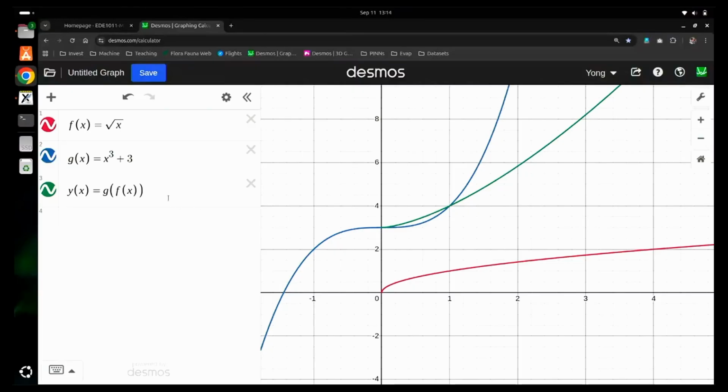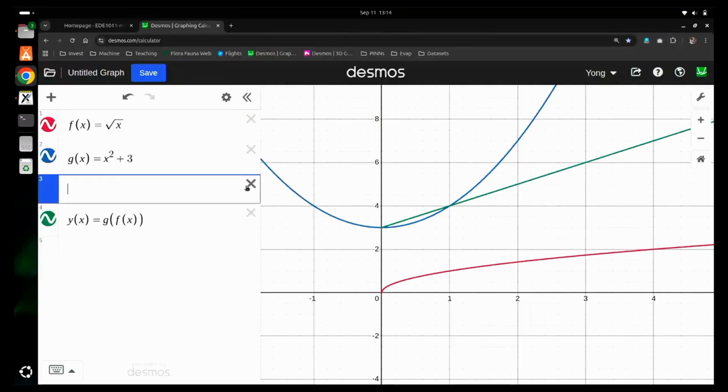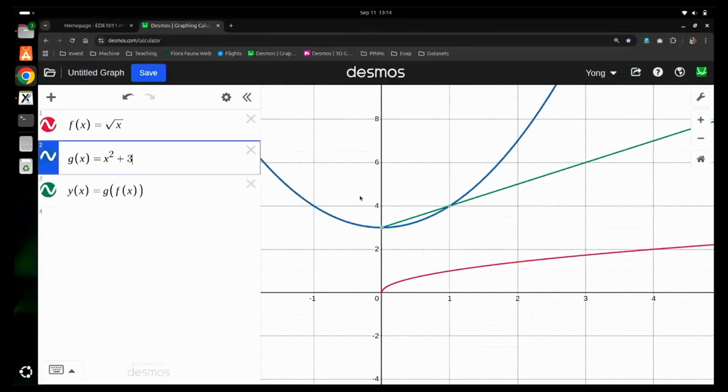So therefore, even though you have x plus 3 as your resultant function, oops, sorry, my bad, this should be square. Okay, so Desmos understands that even though your resultant function is x plus 3, the domain for g, as you can inspect here, is only 0 or positive.